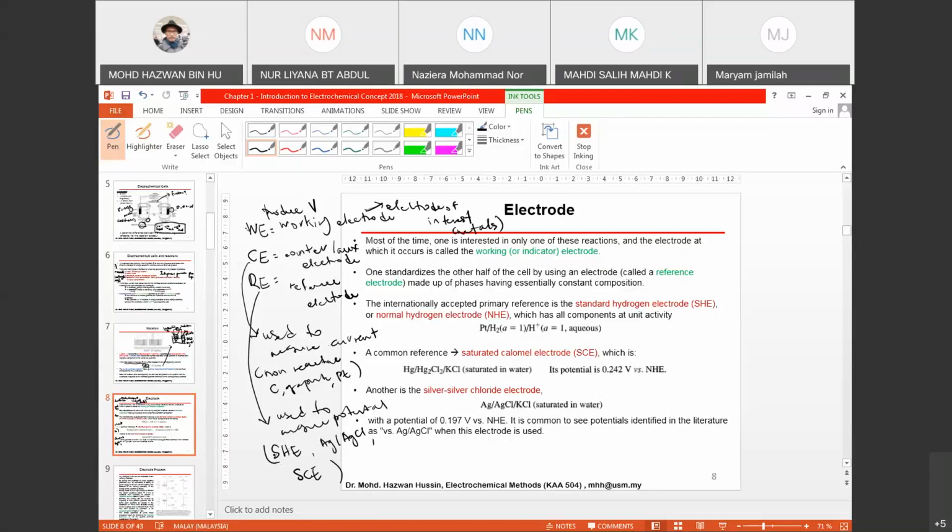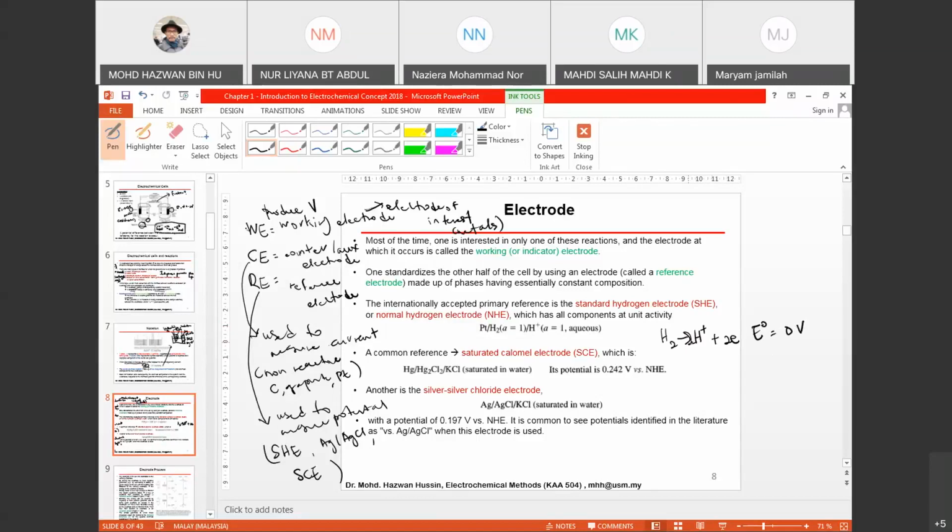Why do people use standard hydrogen electrodes? Because the standard potential of hydrogen is equal to 0 volt.